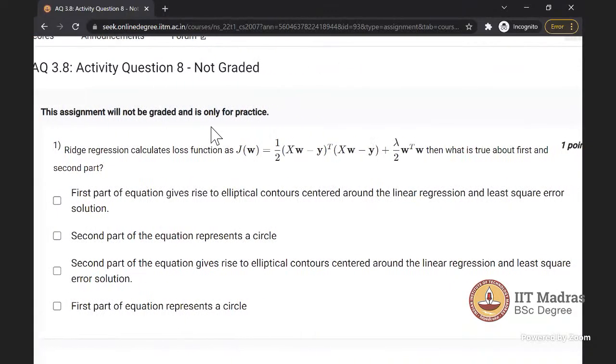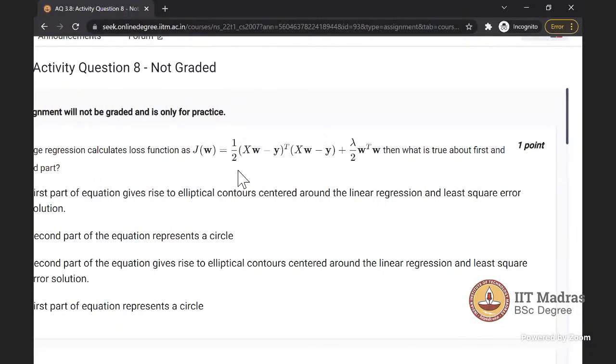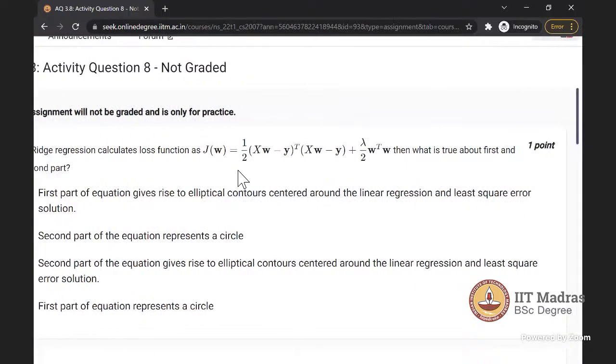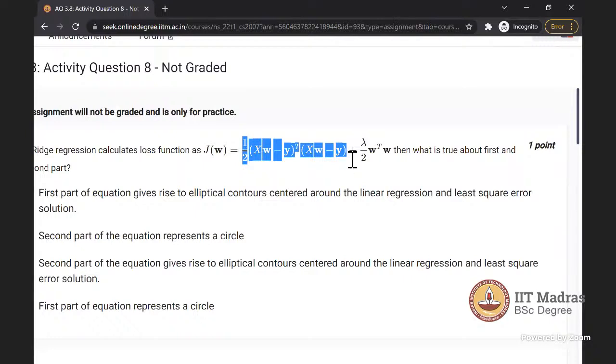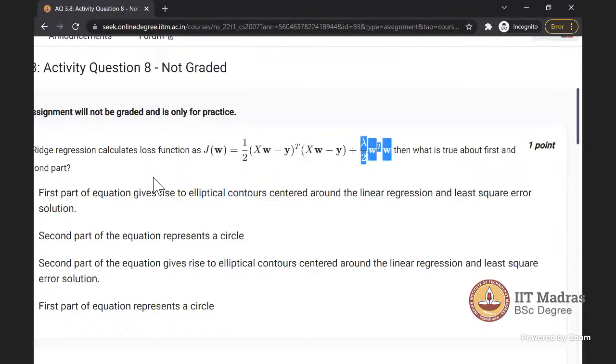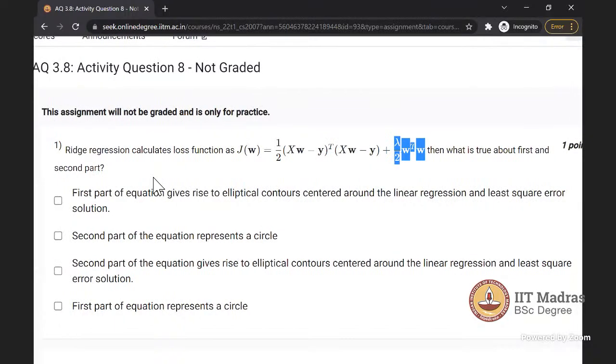Ridge regression calculates the loss function as this. Then what is true about the first part and the second part? I believe the first part is up to here and the second part is the penalty term. Let's read the options.